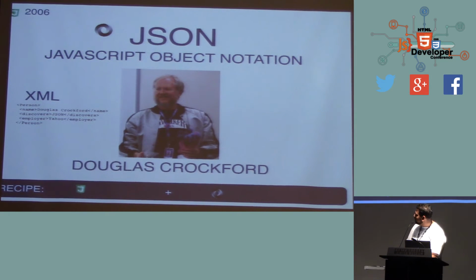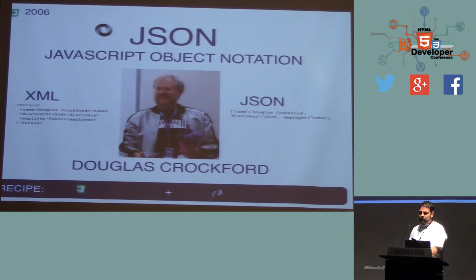So this is an example of XML code. As it says, the object is person, and then the properties are name, discovers, and employer. And here is an example of the JSON format. It's much easier to read. It's very clear to the developer as well as to the machine. So it's known as a lightweight way of exchanging data.